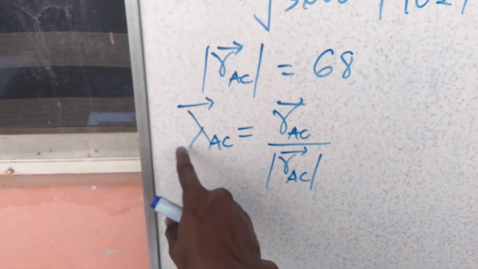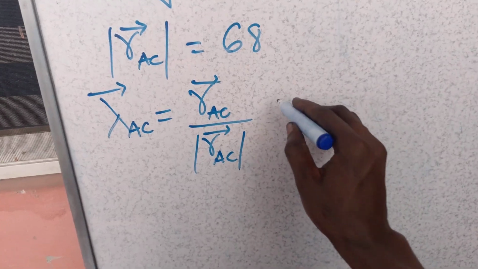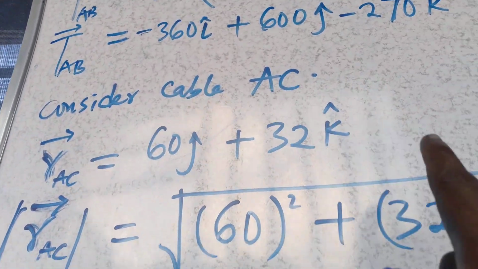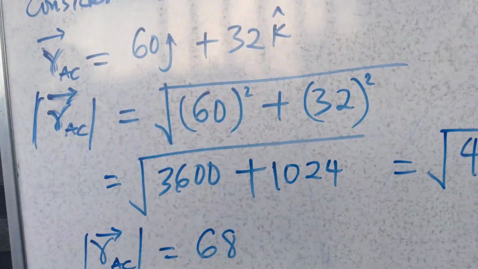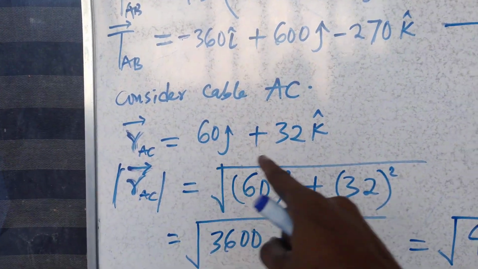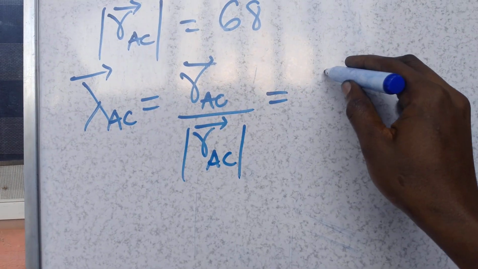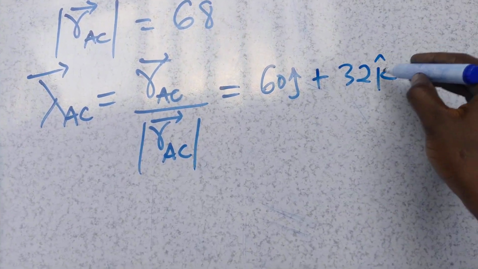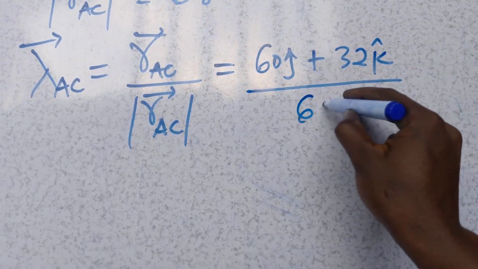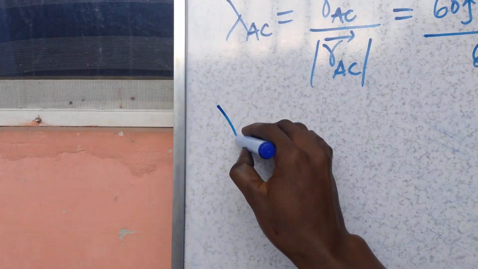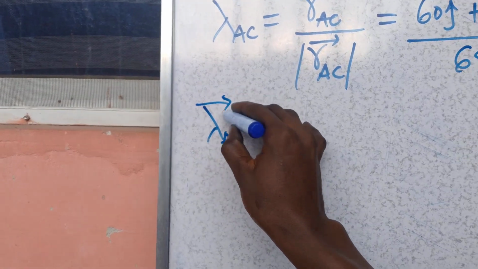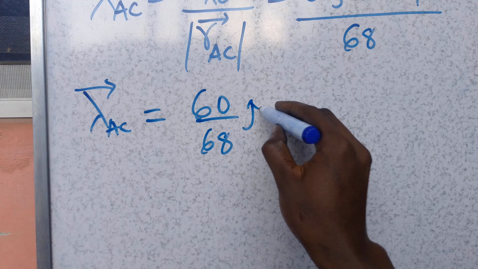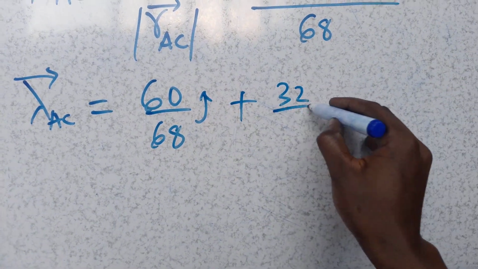The unit vector is equal to the position vector over the modulus, which is my position vector 60j plus 32k. Take note of that. So I have 60j plus 32k divided by 68. That means lambda AC will be equal to, if I split it, 60 over 68j plus 32 over 68k.